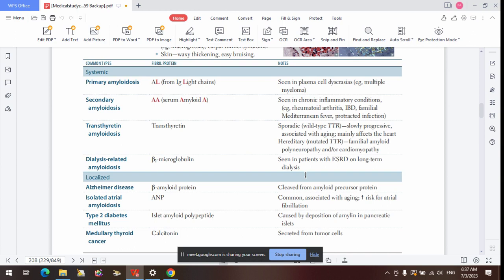These plasma cells are abnormally proliferating and abnormally generating lots of antibodies, lots of immunoglobulin. And we remember in immunology that immunoglobulin has two components, the heavy chain and the light chain, which undergo combination to form the constant region and the variable region.